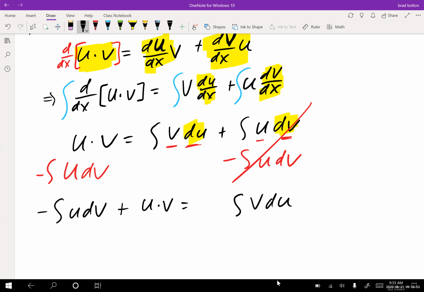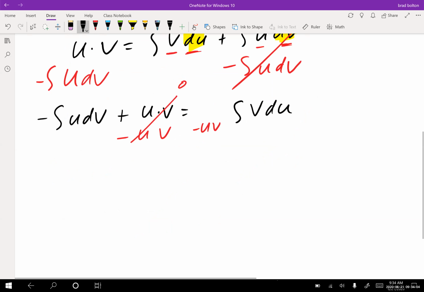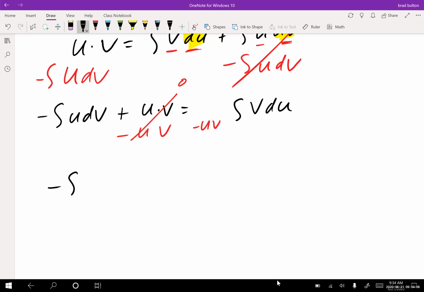So now I can also subtract this over. Okay, so this will become 0. This will become 0. Sorry about that. So now we have negative integral of u dv is equal to negative uv plus the integral of v du.